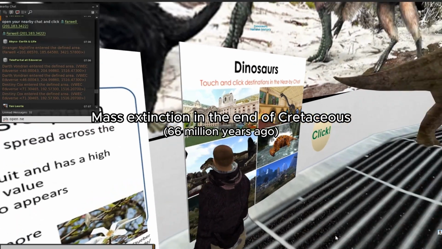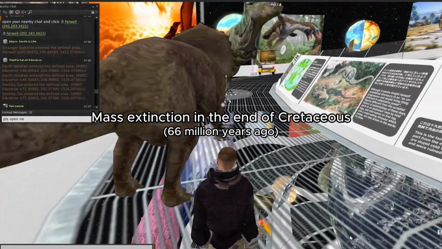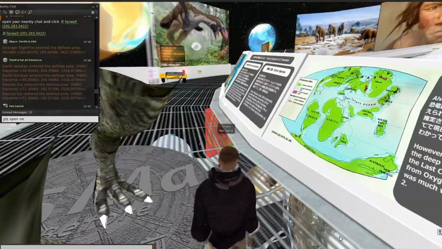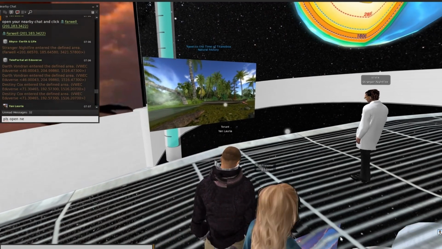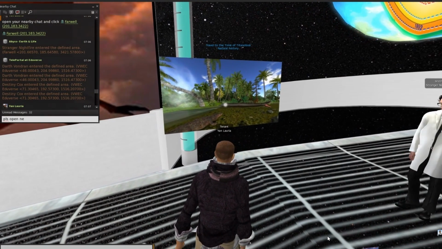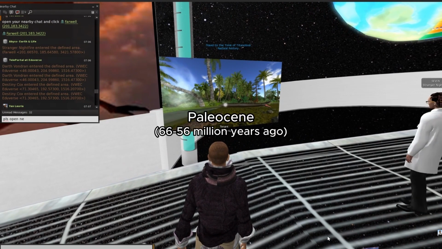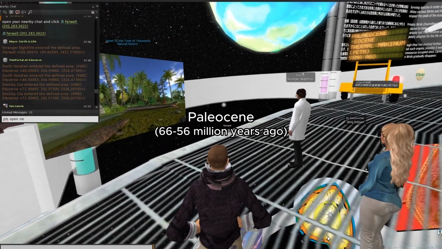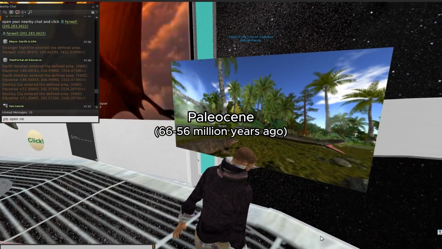And so the end of the Cretaceous. And after the Cretaceous, in the Paleocene, life recovered from the impact event. What happened? So let's visit such a world.